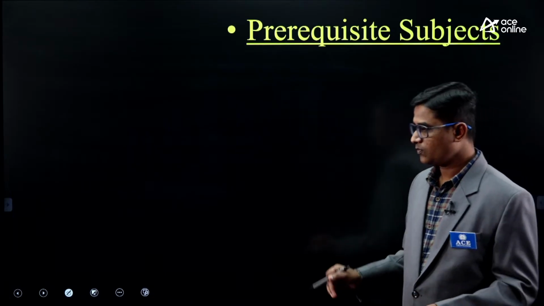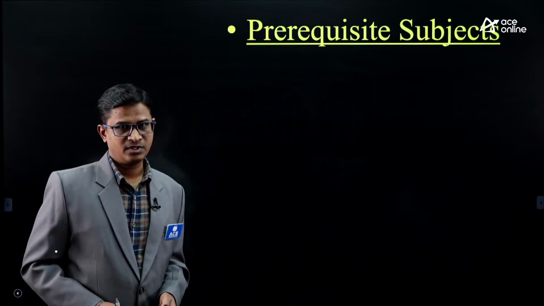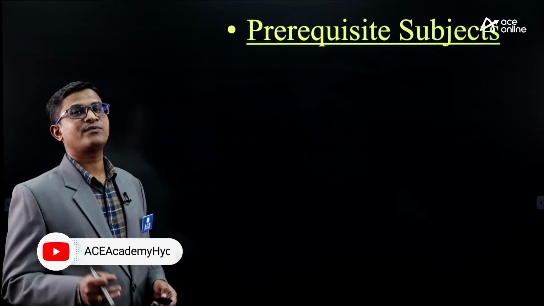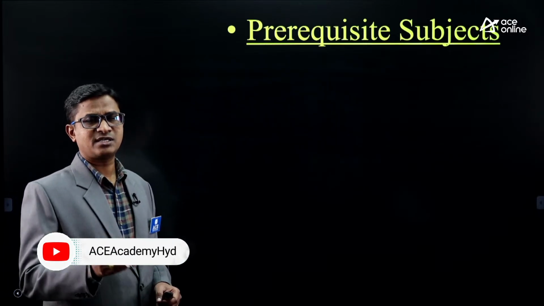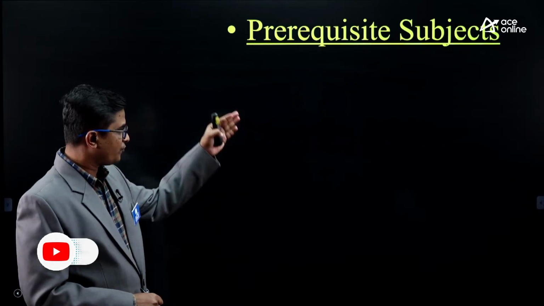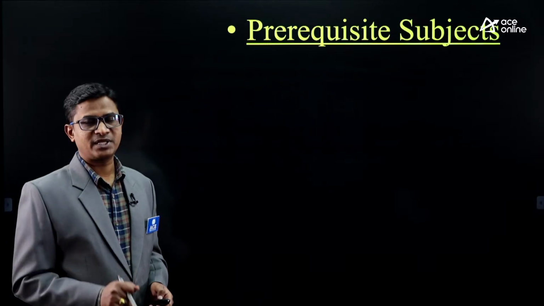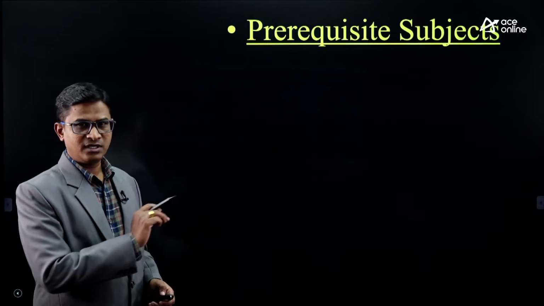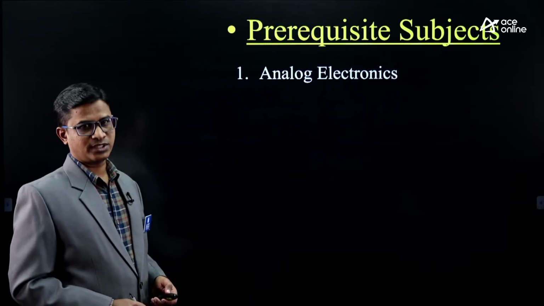Next, prerequisites. In order to understand this subject, which are the prerequisite subjects? You should know some concepts from the subjects you will see now. Based on my 10 plus years of experience, I have listed these subjects. First is analog electronics.